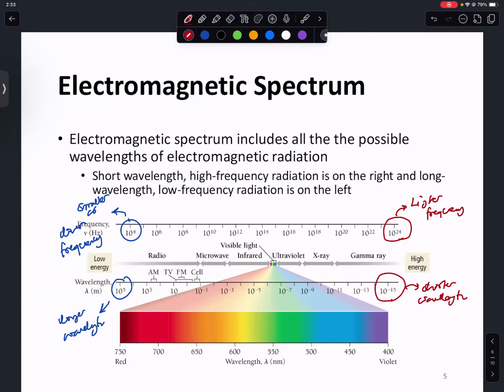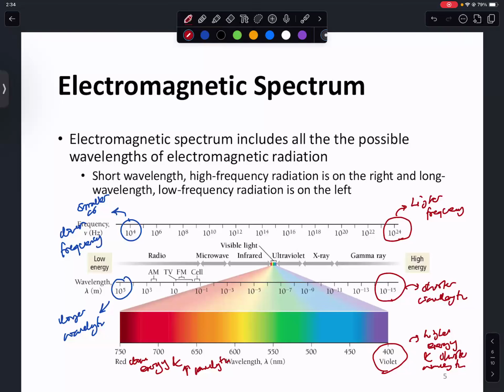Another thing that we are expected to know also is the range of colors in the visible light. So the visible light starts with a lower energy and higher wavelength, so I have here low energy and higher wavelength, and ends with the violet, which has a higher energy and shorter wavelength.